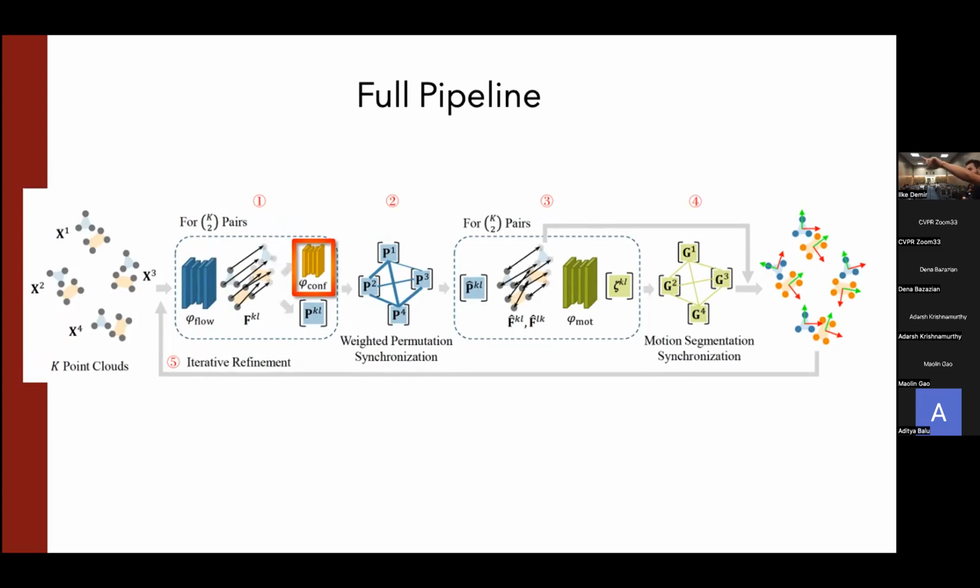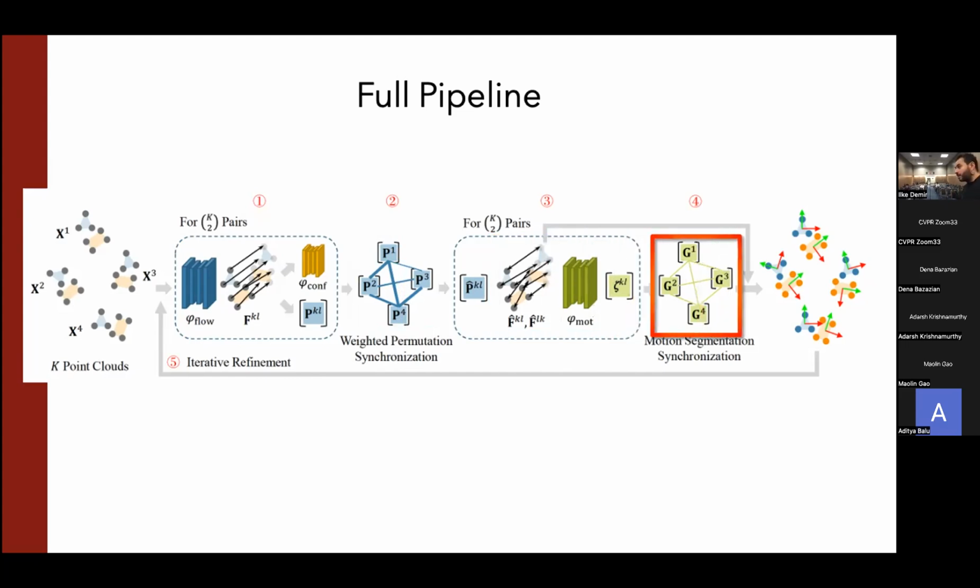And of course, flow gives us the permutations as well. Now, I can use just these permutations in a weighted fashion to first do a weighted permutation synchronization. And then I can take the result and send it to another neural network, which learns the motion segmentation this time. Okay, and the output of this is really a matrix, as I said, which encodes the points that move together, right? And it softly encodes it.